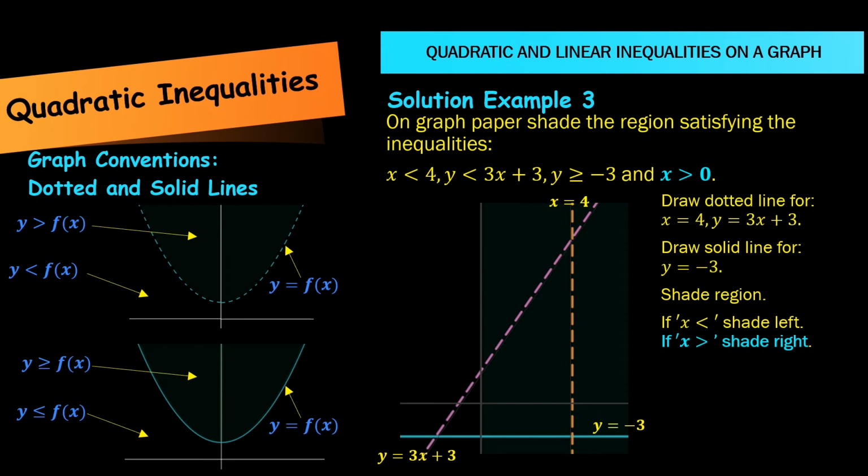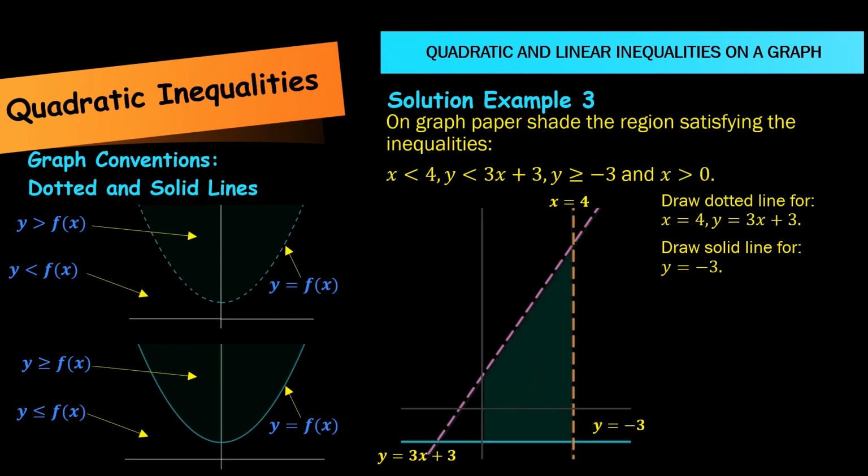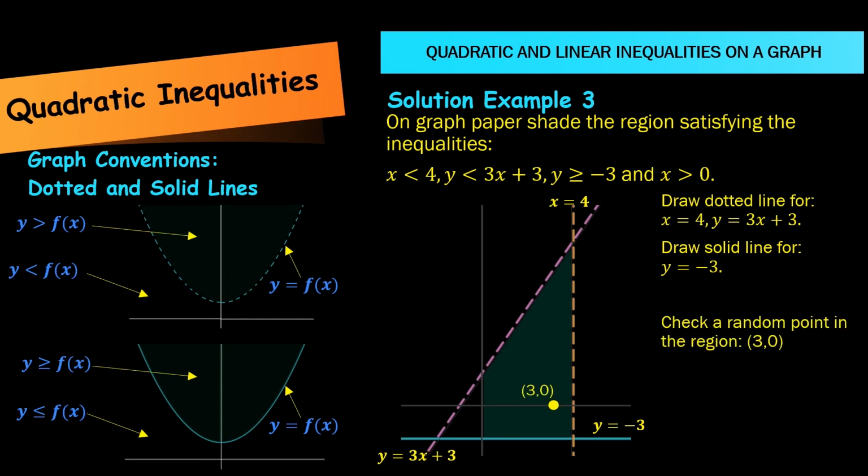But where do all these regions overlap? It's here. And this is where all these inequalities are satisfied. Let's check a random point in this region, 3, 0. Does it hold for the inequality x less than 4?